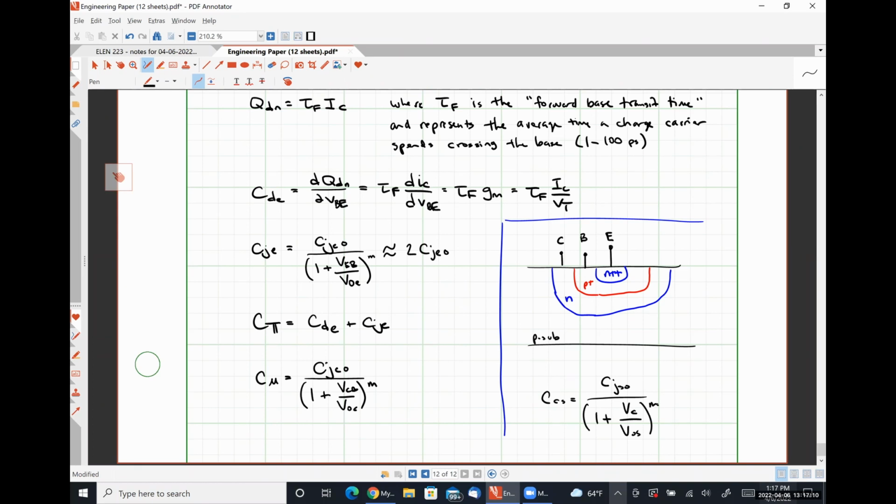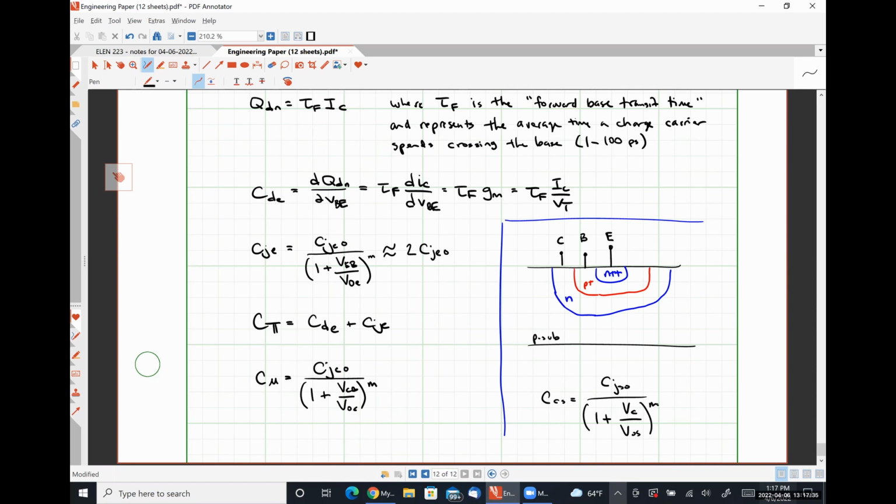So effectively, we have 3 different junction capacitances, and I apologize for messing up some of my subscripts here because all of these equations are so similar. CJS naught represents the junction capacitance observed between the collector and the substrate, where VC is the collector voltage with respect to the substrate, which is always going to be at ground, which is why we don't have a second subscript here.